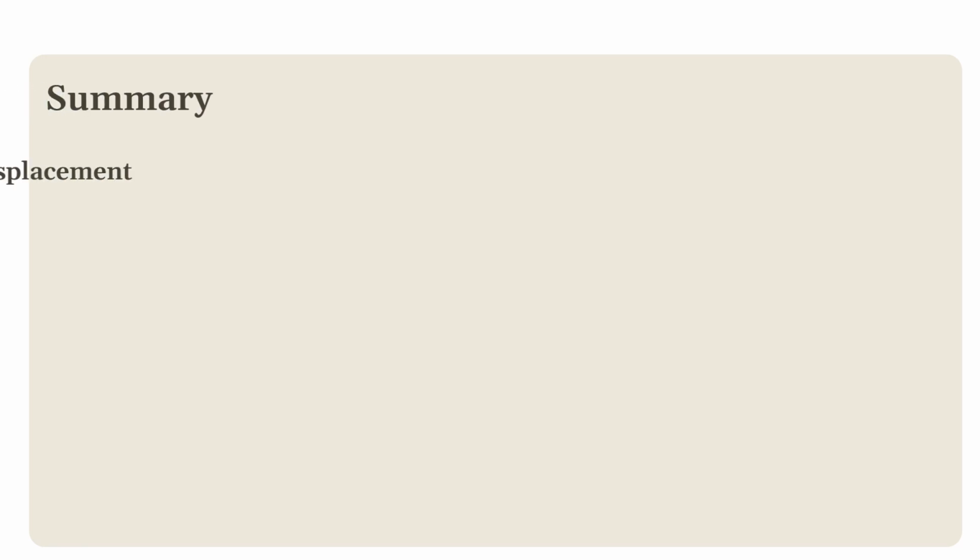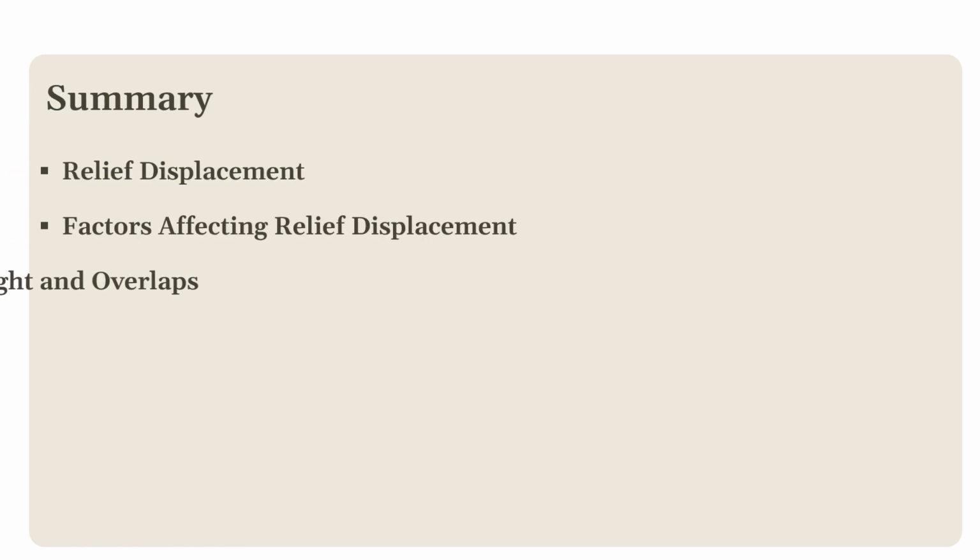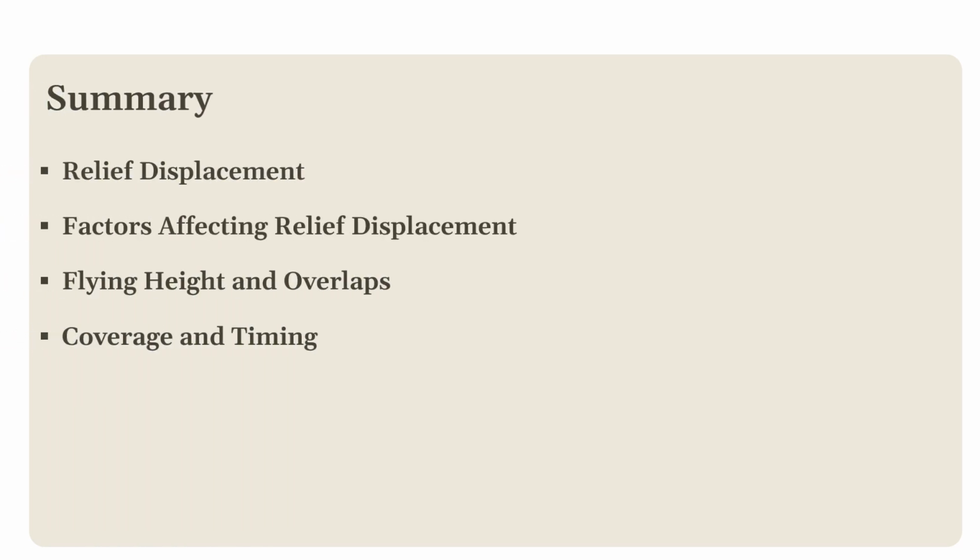And the summary. So what we have learned today is, we learned relief displacement in photogrammetry. We understood that this displacement occurs due to an object's elevation causing its photographic image to shift radially from the principal point.